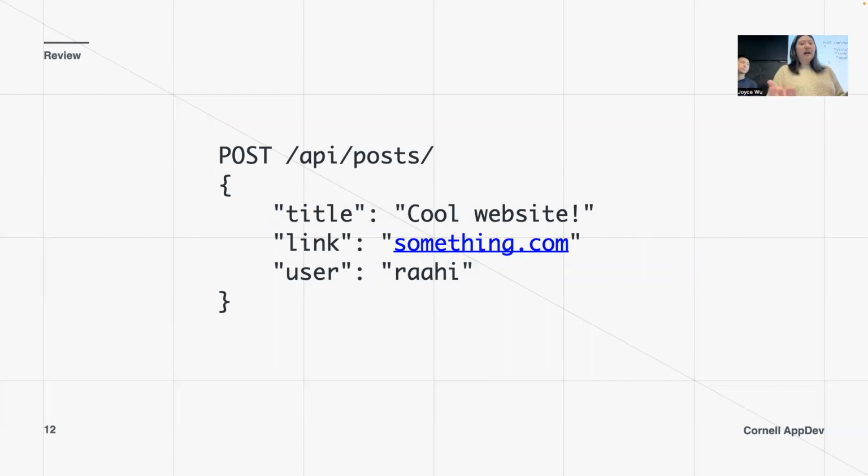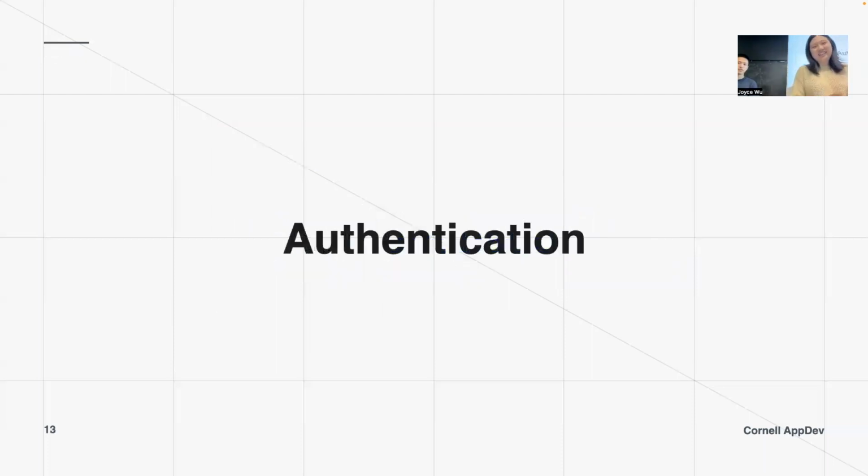Ideally we'll have some user data in the request body, saying that the user is Rahi, but you can't really do that because the only way of identifying is through your user ID, and that's not very secure because anyone can know the ID. So the way to really verify who is sending a request is through authentication.